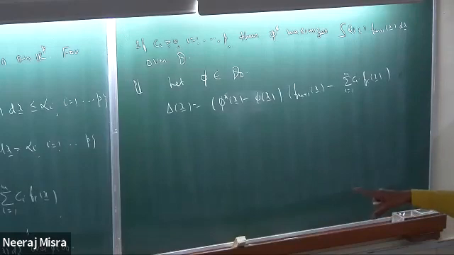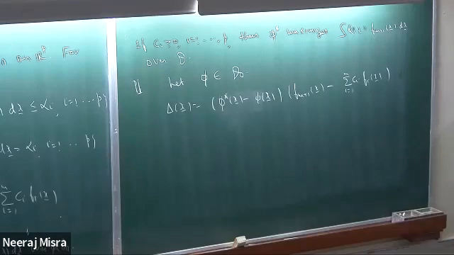When f_{m+1} is bigger than summation c_i f_i, the second term is positive. But when that happens, phi star is always 1 and phi is always less than or equal to 1, so both are positive. When it is exactly equal, then it is 0. When f_{m+1} is less than summation c_i f_i(x), the second quantity is negative. But in that case, phi star is 0 and phi is between 0 and 1, so the product is also negative.